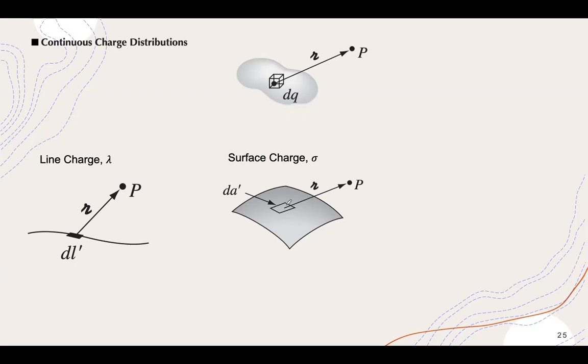This is just the infinitesimal area we are talking about, and due to this, what could be the field at point P. And similarly, we can take the volume charge rho if we have a three-dimensional object, and we're going to denote the element by d tau prime or something like this.